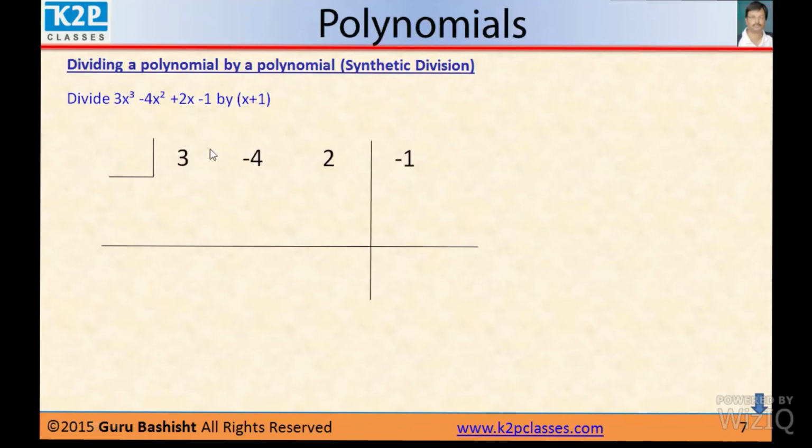We have to put all the coefficients here, 3, minus 4, 2, and the constant should be on this side, minus 1. And then the opposite of the number in the divisor. The divisor is x plus 1. So what is the opposite? It will be minus 1. Suppose it is x minus 2, then it will be 2 here. Then write down 3 here.